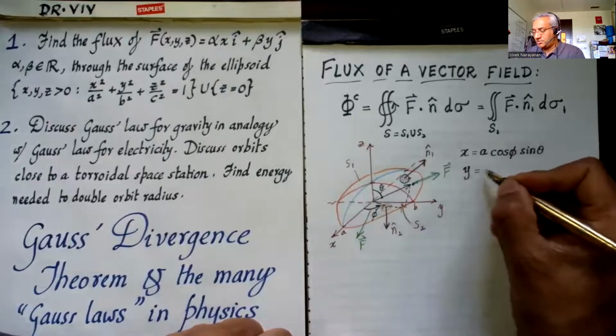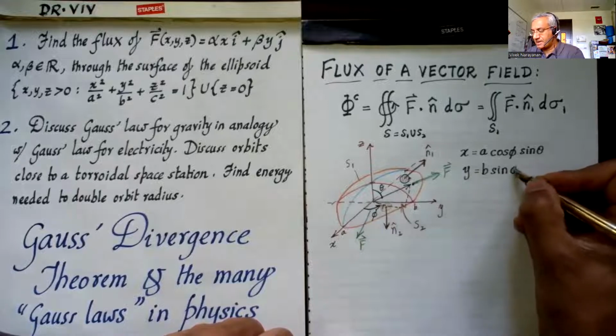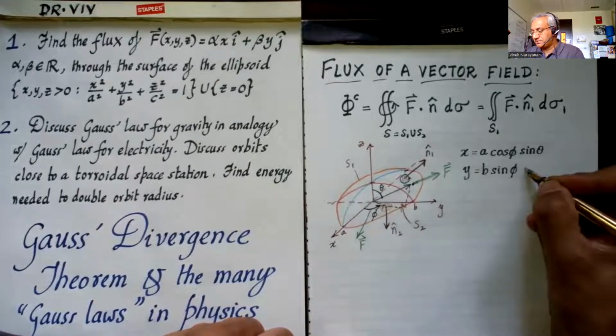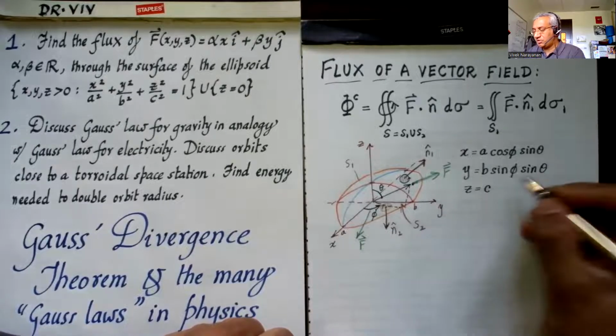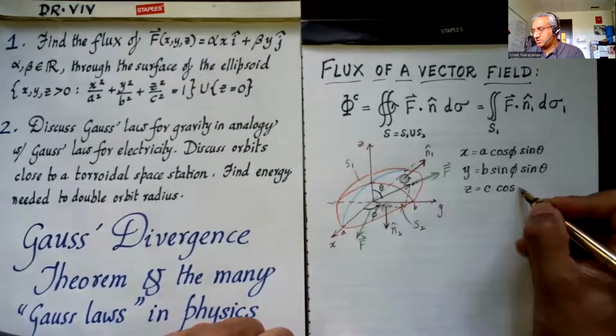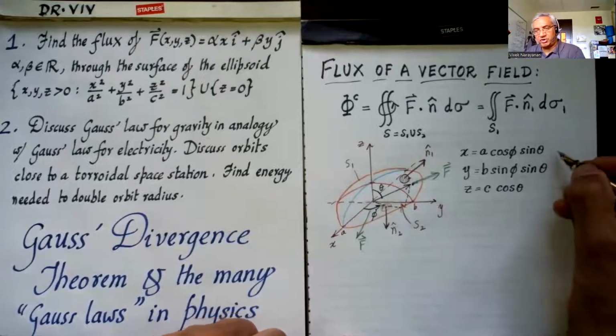The y coordinate is going to be b times sine phi sine theta, and z is going to be c cosine theta.